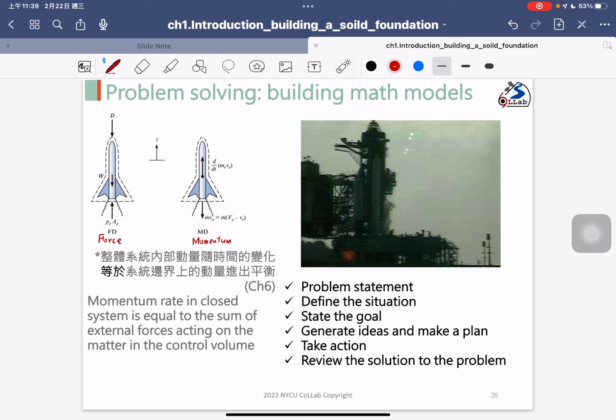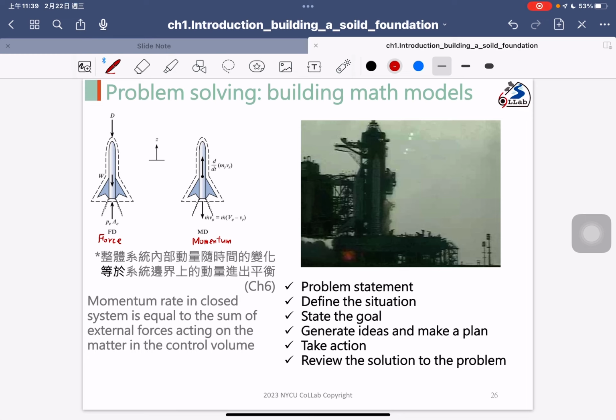And we know the force is simply the force. So the force balance will equal the momentum rate. This is the momentum equation. The left-hand side is the external force: the sum of the total external force will equal the right-hand side, the momentum rate. We call that the momentum equation.